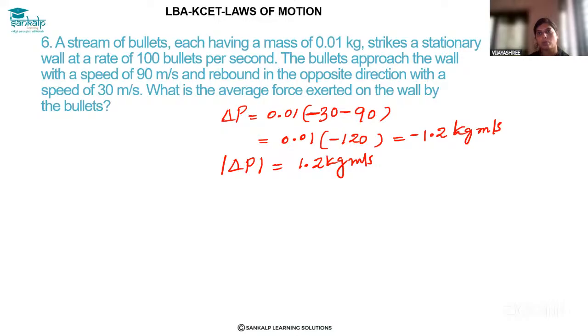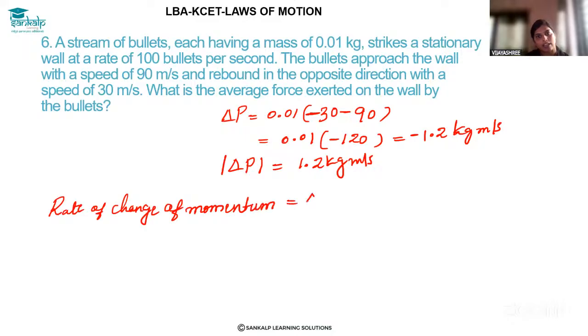Now the change in momentum per second, that is the rate of change of momentum, is equal to delta P divided by delta T.